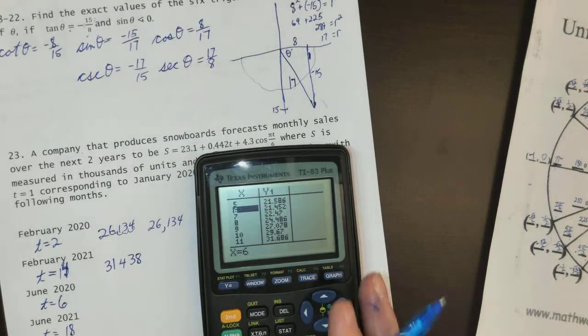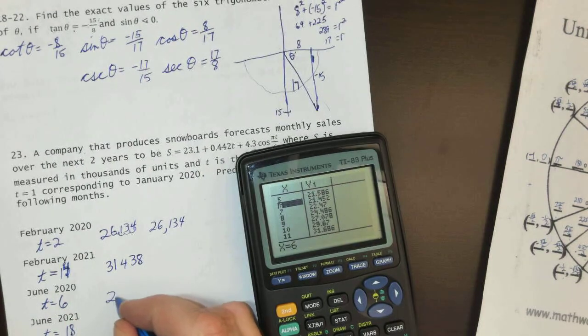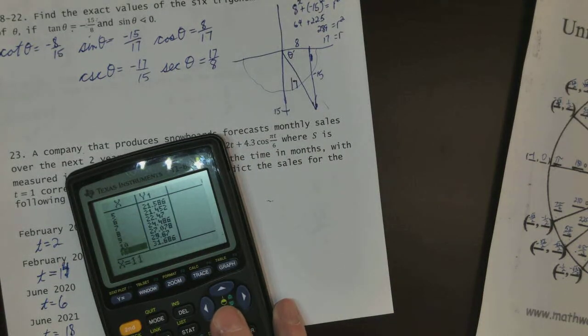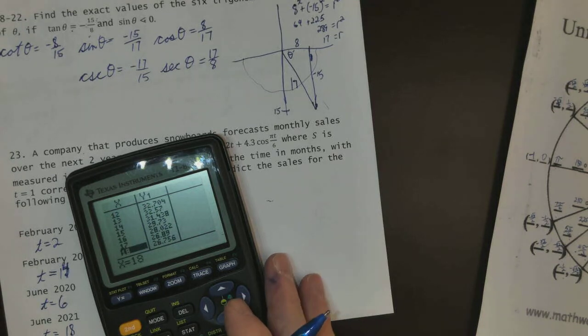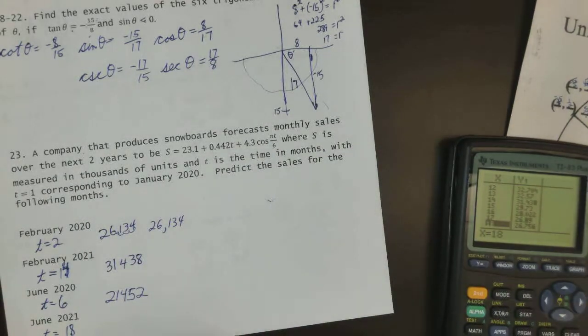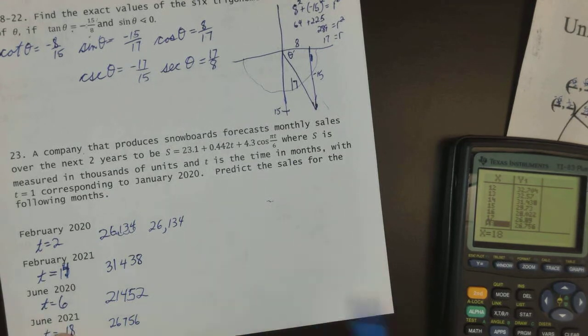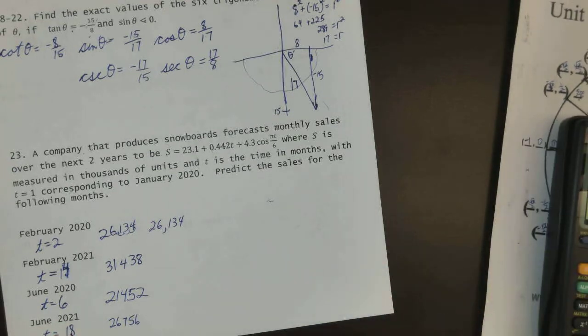Looks like 21,452. And at t equals 18, 26,756. I just moved that decimal 3 times. That's the same as multiplying by 1,000, because that's the number of thousands of boards. And these are all boards there. Okay. I will see you after you look at this.